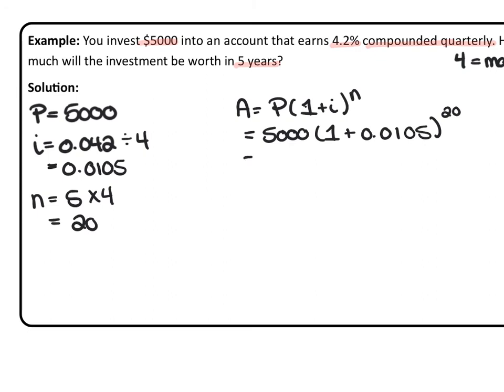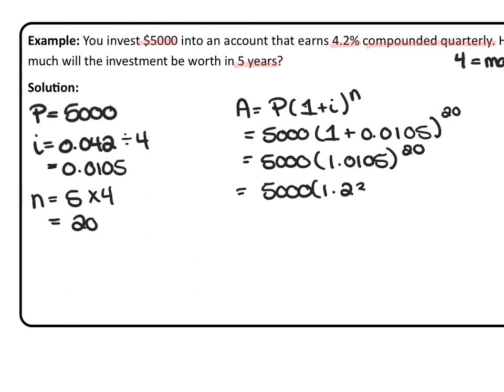Again, make sure you follow BEDMAS. So I'll do all the steps for you so you can see them. I'm going to add it. Then I'm going to do our exponent, 1.0105 to the exponent of 20. And I'm going to keep all the decimals. So I get 1.232328116.